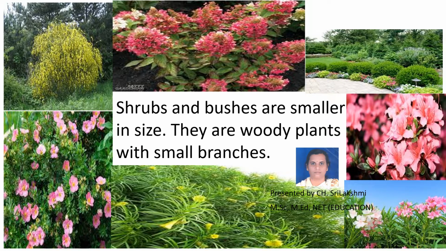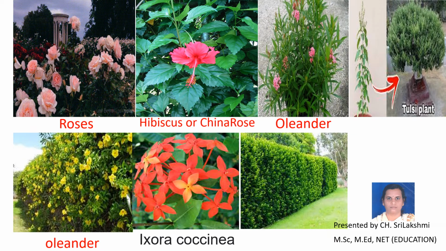We'll be seeing different types of shrubs, that is roses. The rose plant is a shrub. Hibiscus or China rose is also a shrub. Oleander is a shrub. Tulsi plant, a shrub. Actually, I will talk about this Tulsi plant in another topic also.